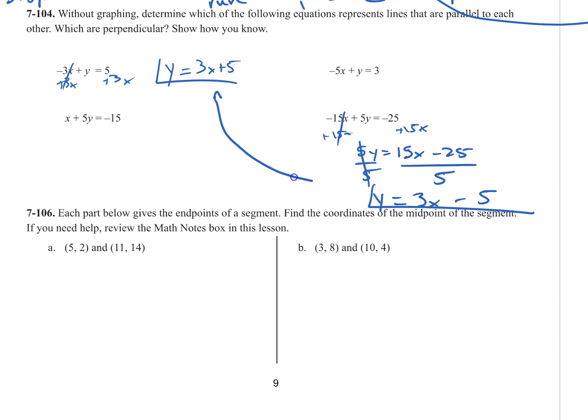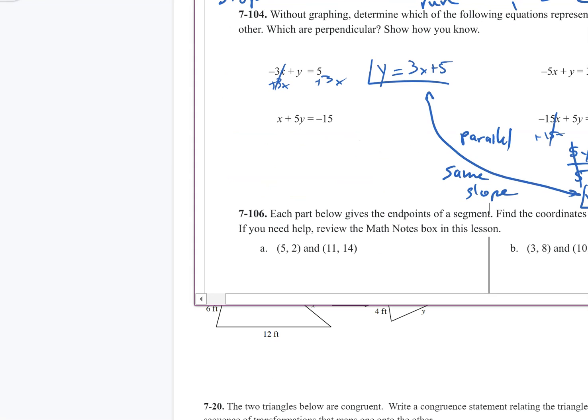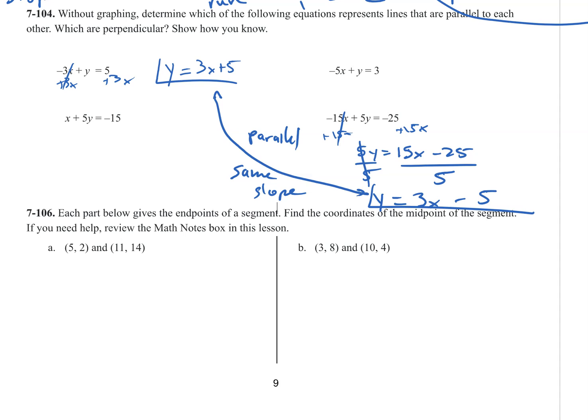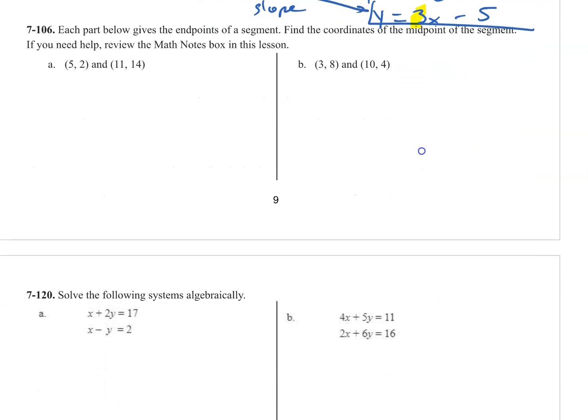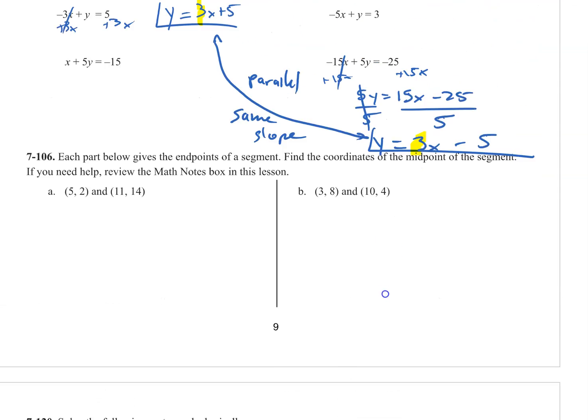These two are going to be parallel because they have the same slope. Slope is 3 on both of them, they're parallel. All right, so finish the rest of them.